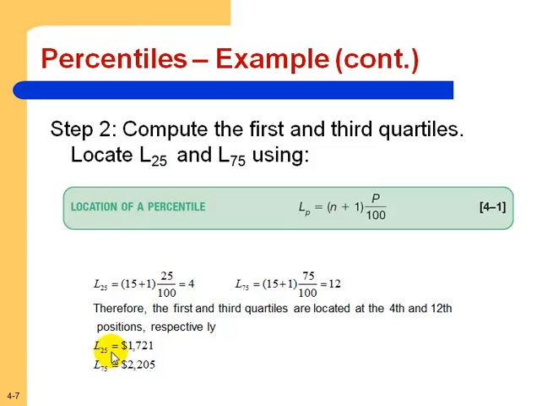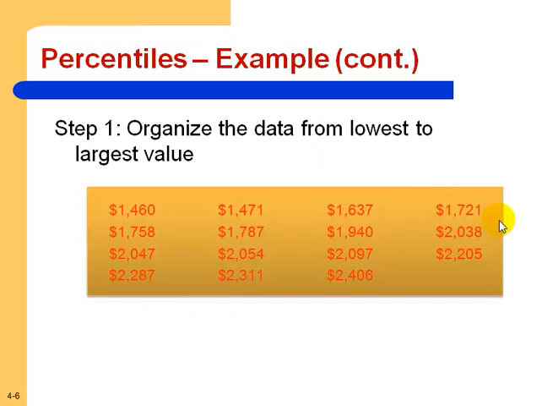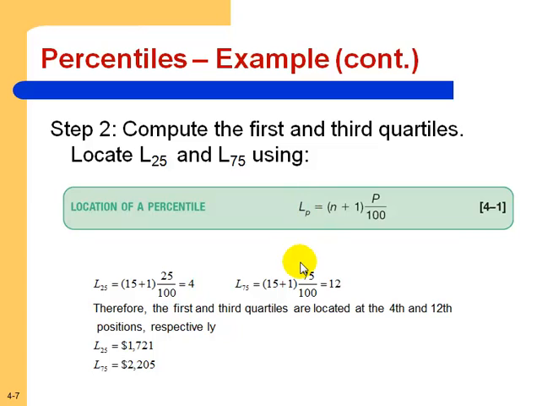The 25th percentile is 1721, and the 75th percentile is 2205. We can check the last slide. See, the two numbers are here and here. So again, this formula helps you find the location of the percentile.